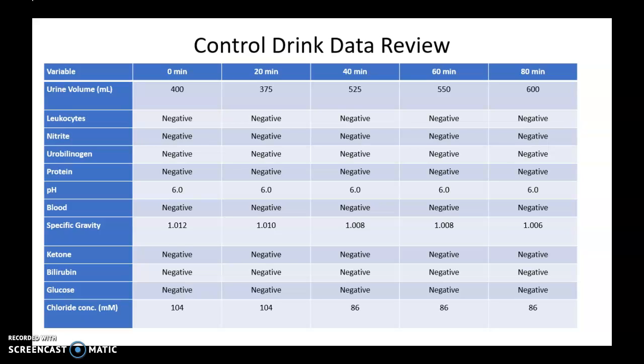All right. So your control drink was 500 mils of water, right? Now, when you drank water, obviously you expect the urine volume to increase. So time zero is when you just drank that water, and what do you see at the end?